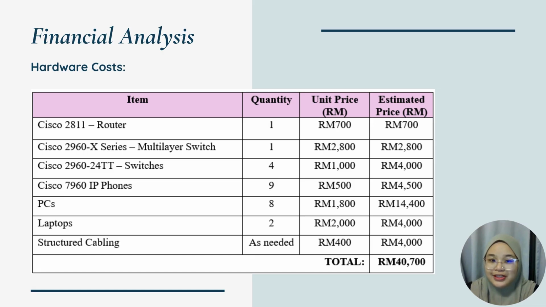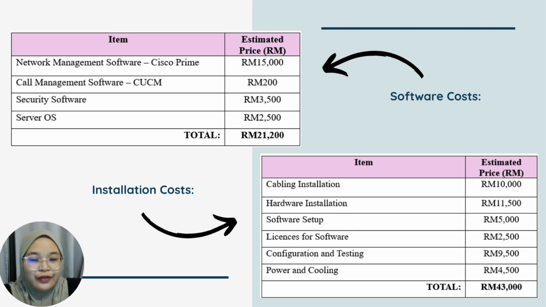Okay, so for the financial analysis, we have hardware cost, software cost, installation cost, and maintenance cost. And also we have the budget breakdown and the total cost estimate. For the hardware cost, we estimate the price for the router, multi-layer switches, IP phones, PCs, laptops, and structured cabling, and it costs a total of 40,700 Malaysian ringgit.